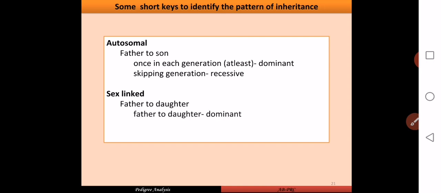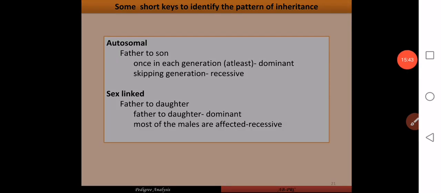If it is from father to daughter, then it probably could be sex-linked, right? And it could be not only sex-linked, it could be sex-linked dominant, right? And if most of the males are affected, then it could be sex-linked recessive. These are some probabilities. Okay, definitely there will be some variations when you check real examples.